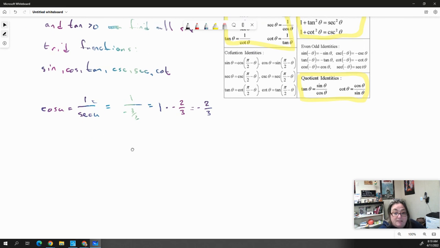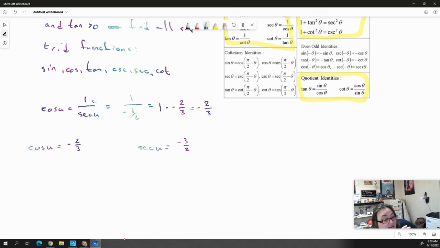I know that cosine of u equals -2/3. I know that secant of u equals -3/2. So I only have 4 more to find, and they're going to start getting easier.